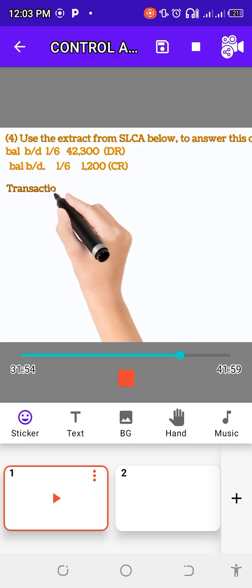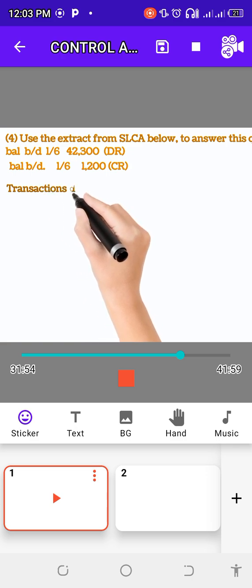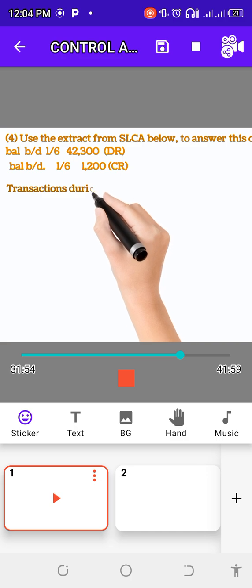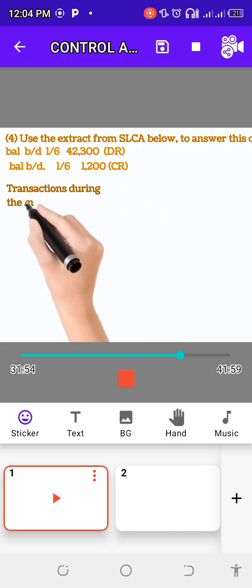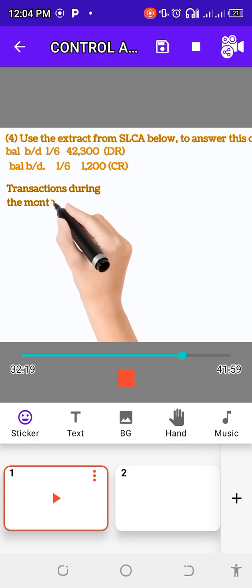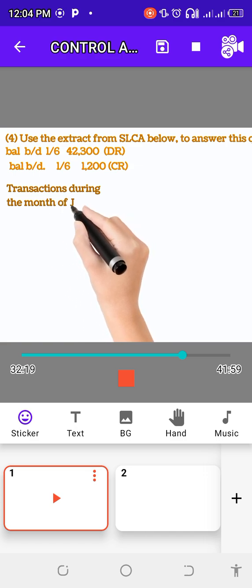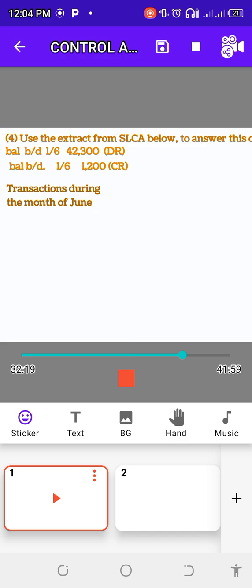Transaction during the month of June. You know, these balances are from 1st of June. After taking these balances in the beginning of June, then this transaction took place in the month of June 2024.